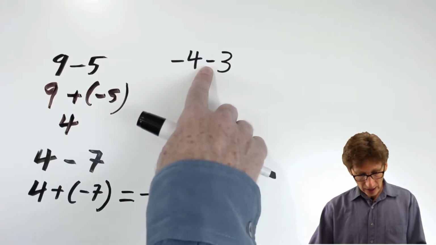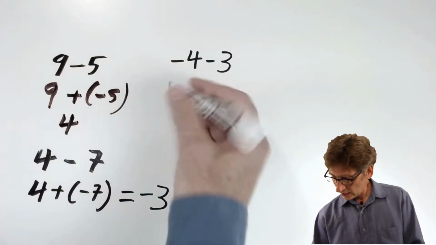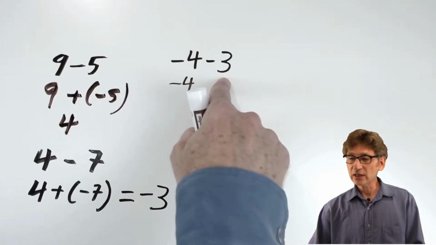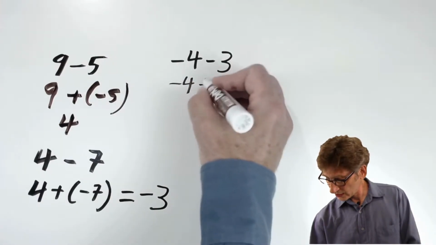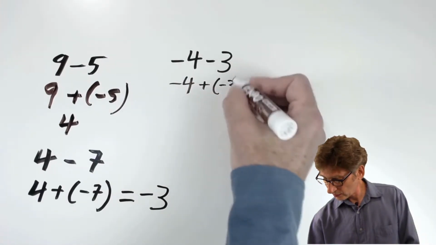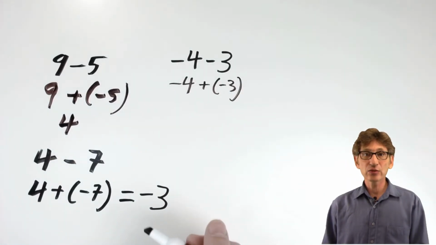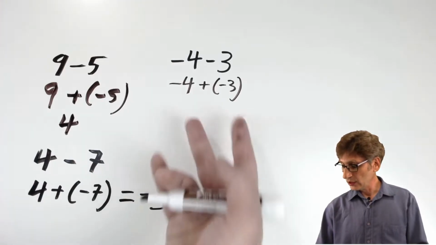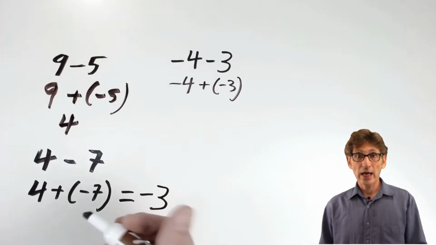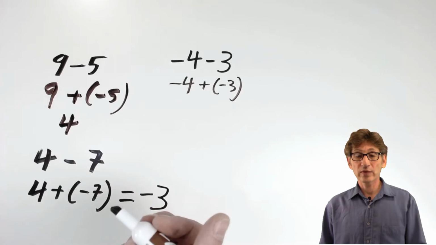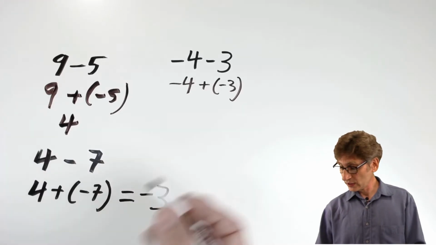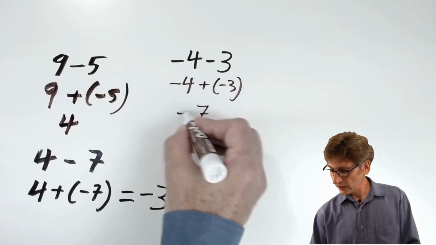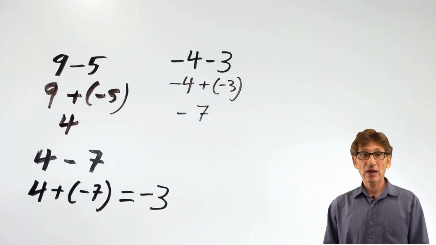So this becomes negative 4 plus the opposite of 3, plus negative 3. Now I'm adding two numbers with the same sign, so I just add their absolute values and use the sign of those numbers. The absolute value of negative 4 is 4, absolute value of negative 3 is 3, 4 plus 3 is 7. These numbers are negative, so this becomes negative 7.